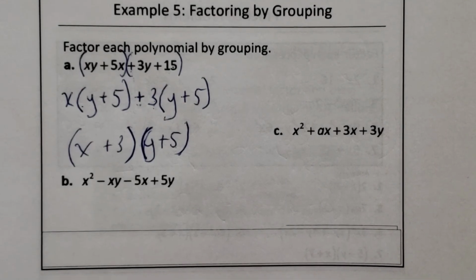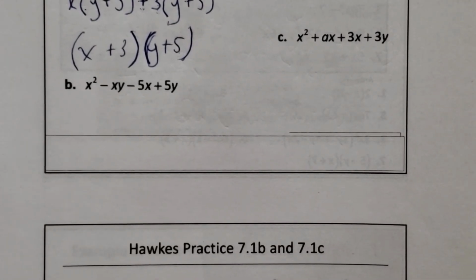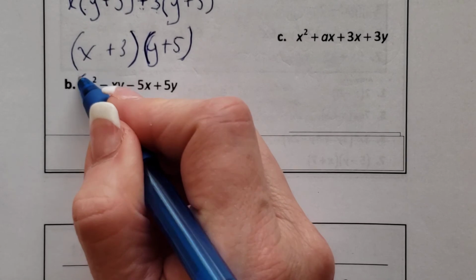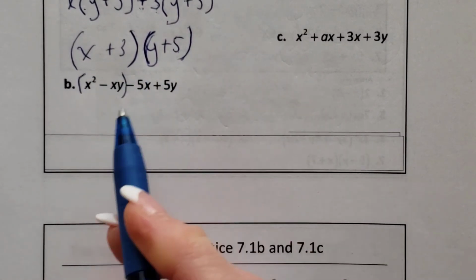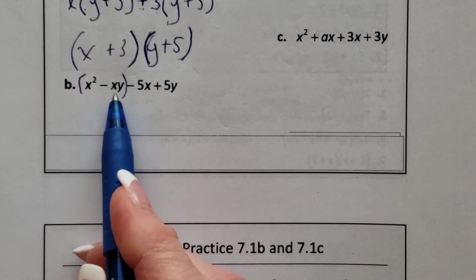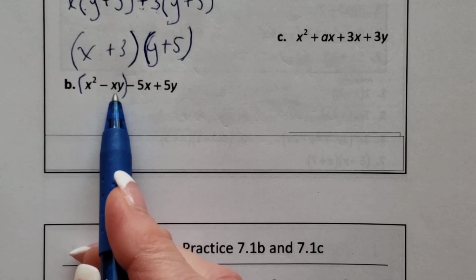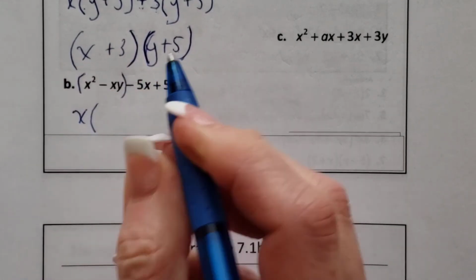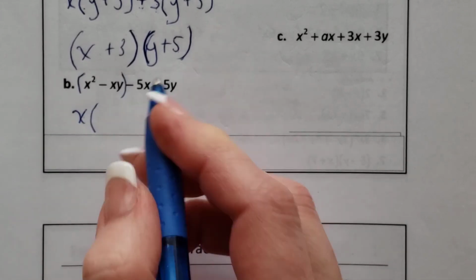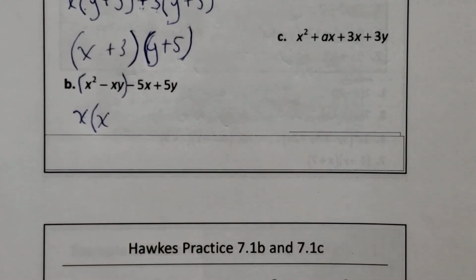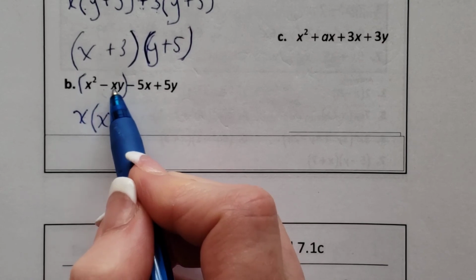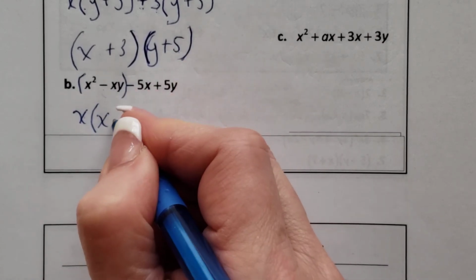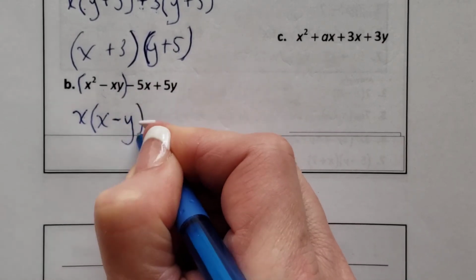All right, let's look at letter B. Letter B, I'm going to group these this way. Do these 2 terms have a common factor? Yeah, they both have an x, at least one x, right? So I'm going to pull out an x from both of them. Well, x squared divided by x equals x to the first. And then negative xy divided by x equals negative y.